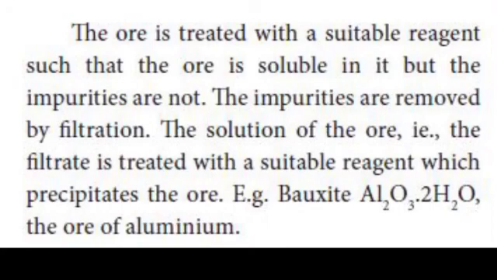The filtrate solution is treated with a suitable reagent, that is, with chemical reagents, which precipitates the ore. Then the precipitate is formed. Example, bauxite, Al2O3.2H2O. This is the ore of aluminium.